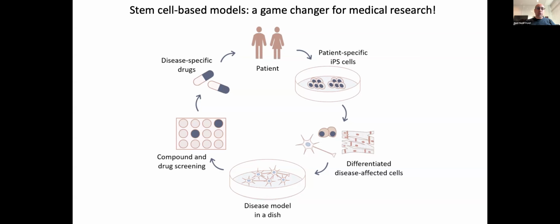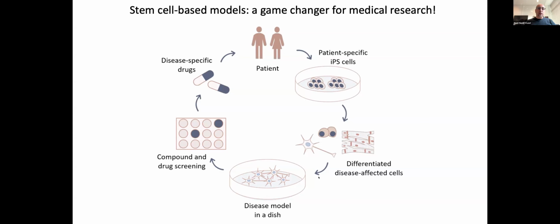What's also important to say is that once we have acquired those iPS cells, these pluripotent stem cells, in theory they will grow forever. So we only need to get a sample from a patient once, and once we have the iPS cells, we can keep on culturing and doing experiments with them in the dish, in the lab.